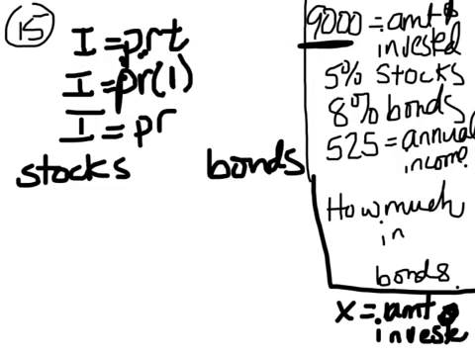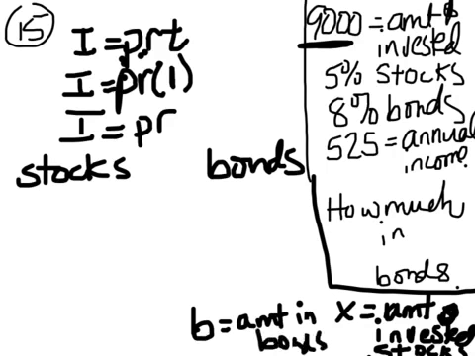He's going to take some money, and he's invested in 2 things. Some of it goes to stocks, and some of it goes to bonds. So X is how much he's going to invest in stocks. And I'm going to call the amount invested in bonds B, just because B at least will remind us that's the amount that's in bonds.